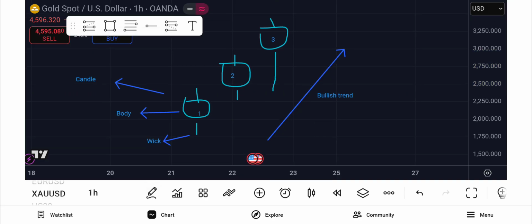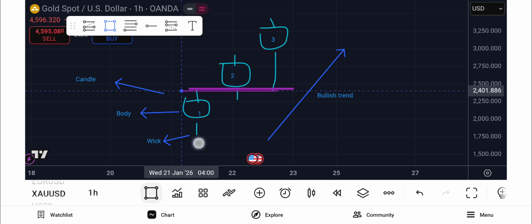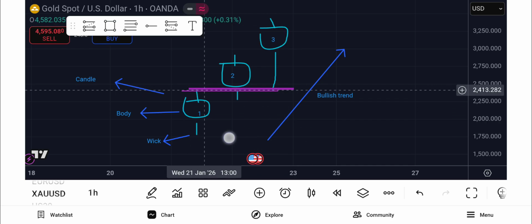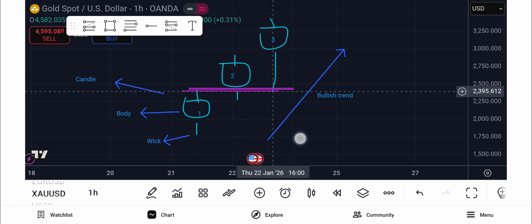Notice how this wick is just too long and it kind of touches the first wick. So you would do the same thing like you did the first time. You draw a line from the first candle and the line from the second candle, right? Notice how it overlaps with this candle and they both touch. Notice how this candle and this candle, they touch, right?